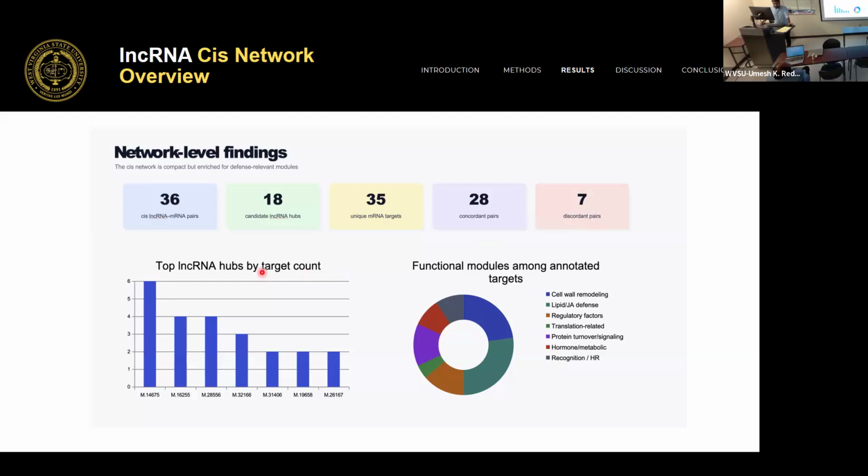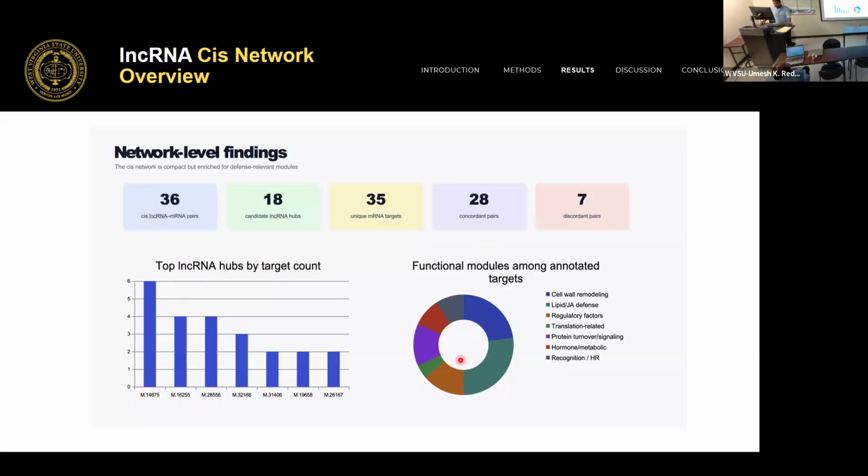While investigating the LNCs, a few stand out, and among them, LNC MSTRG.14675 is the most potent one.